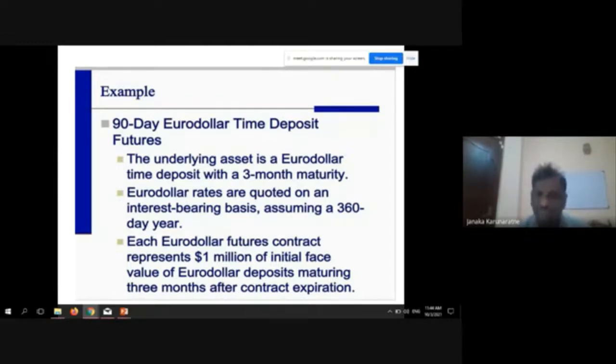Now, let's say you have a $3.4 million position you want to hedge, an interest rate related exposure in your balance sheet. Let's say it is a liability of $3.4 million. How do you hedge it?